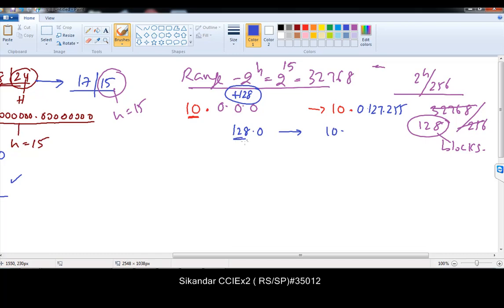Plus 128 becomes 256, but there is no address with 256.